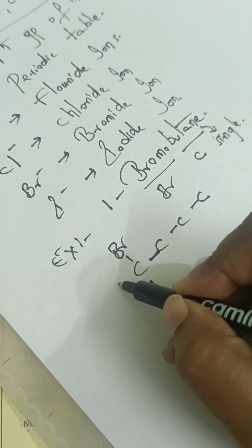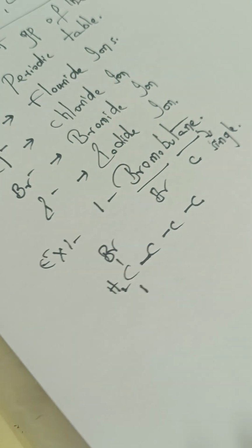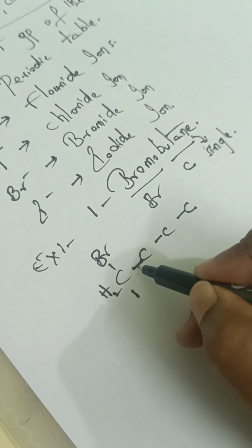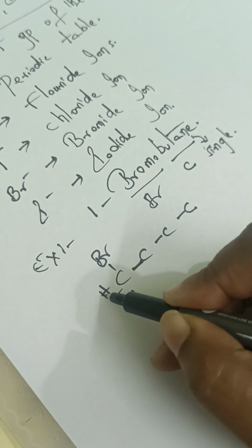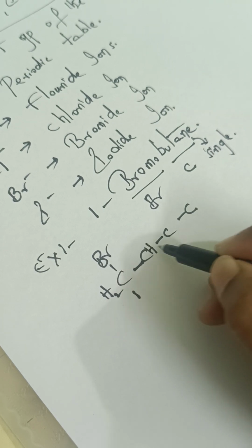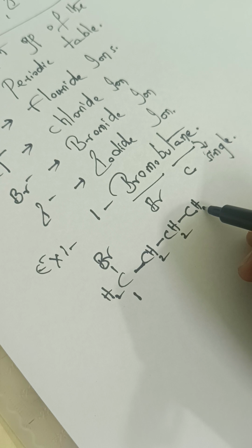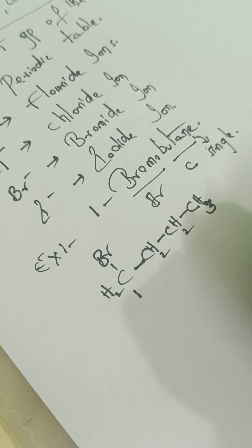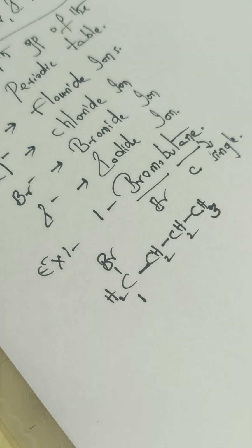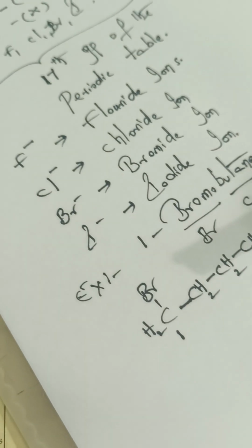Now satisfy the valency of carbon with hydrogens. 2 bonds are there, so CH2. Here also CH2. Here CH3. So this is the example under halides.